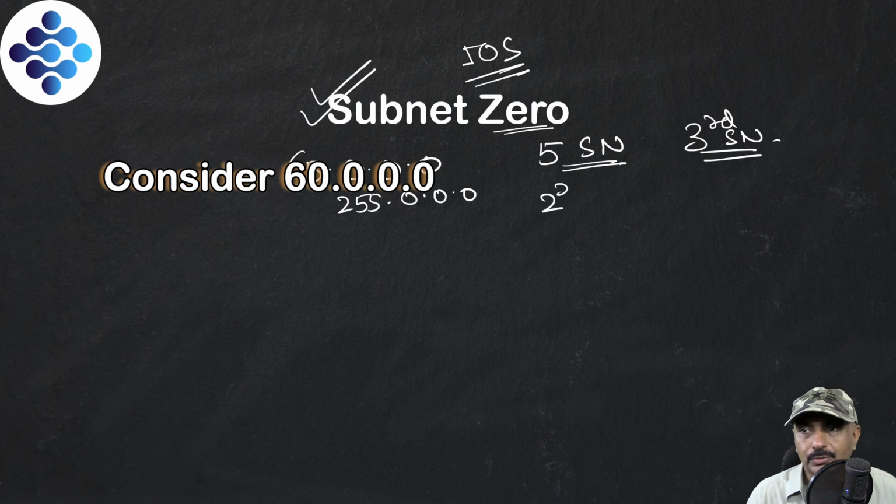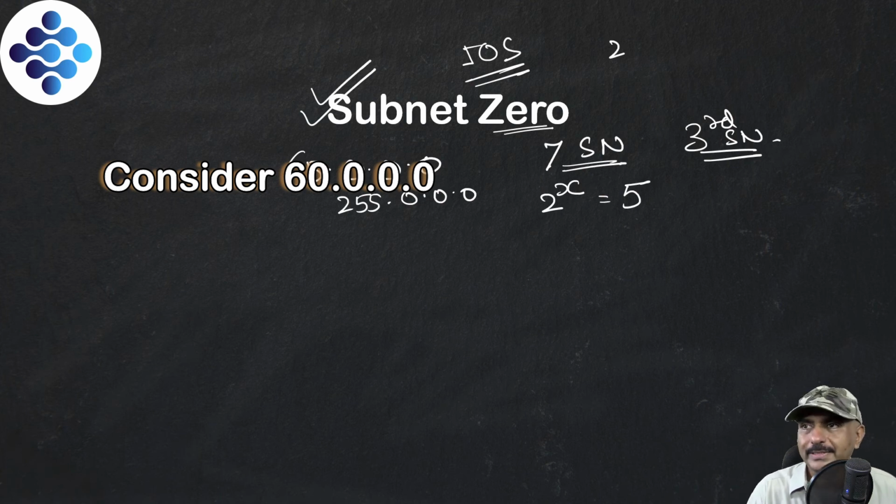So this is 2 raised to x, no minus 2. We were doing minus 2 previously because all bits cannot be 0, all bits cannot be 1. But now this is allowed because of subnet 0. So 2 raised to x is equal to just 5. Now it won't make much difference over here. But what if instead of 5 it had been 7?